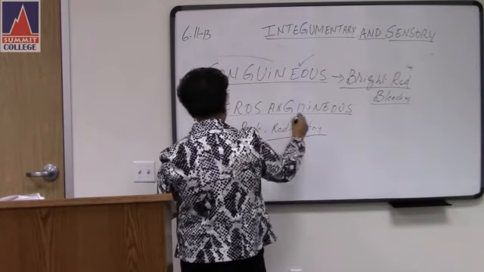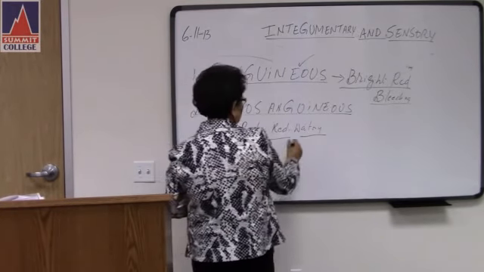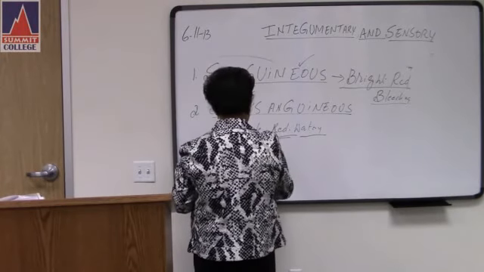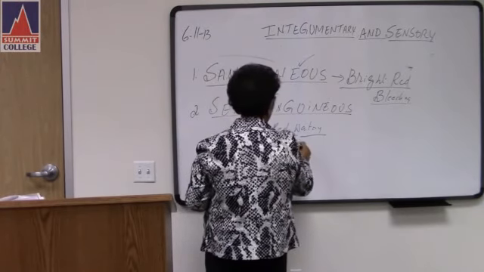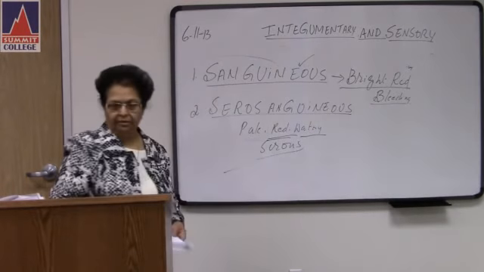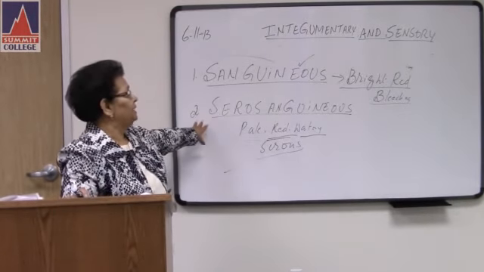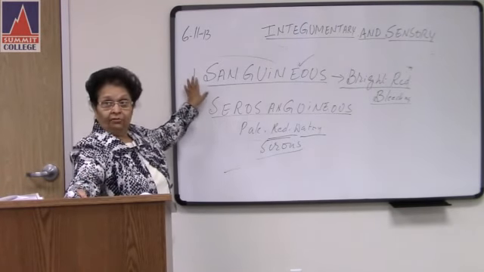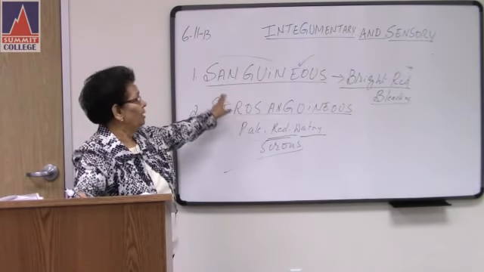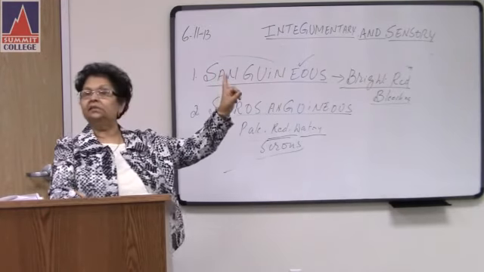The pale red watery color is because it has a serous drainage. And this is normal. That is mixed with the red and pale and watery, serosanguineous. They look about the same. This one is much longer, but sanguineous means the bright red.